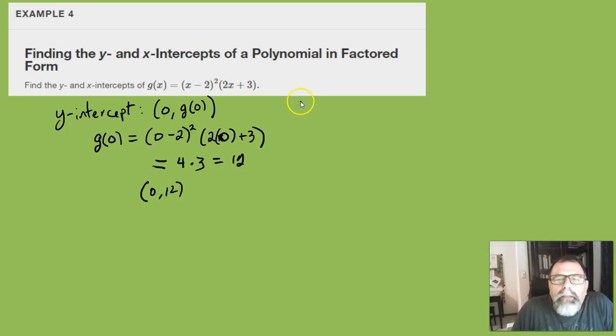Now we're going to do the x-intercepts. I'll just write x-int. Again, remember, we're going to let the y equal 0 and solve for the x-coordinate, and we typically use a for x-intercept. So we're going to put 0 here, or you can switch it around, it doesn't matter. The hard part's been done for us since it's already factored.